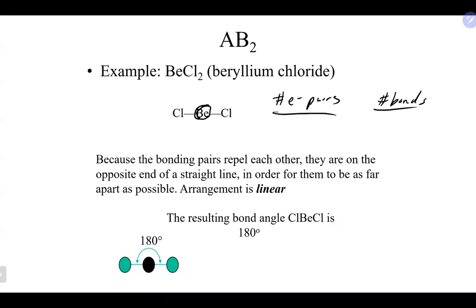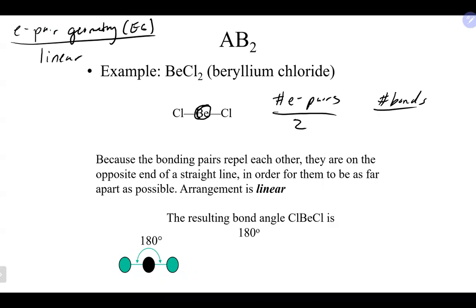So when we look at the central atom, again, it doesn't matter if they're lines or dots, the total number of electron pairs in this particular example is 2. And the number of electron pairs determines the electron pair geometry name. And something with 2 electron pairs is also linear.